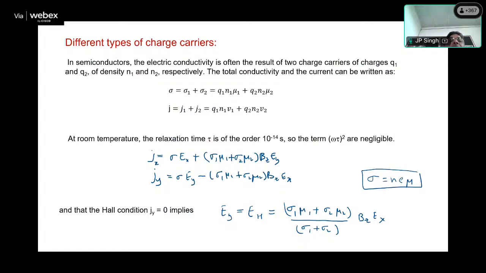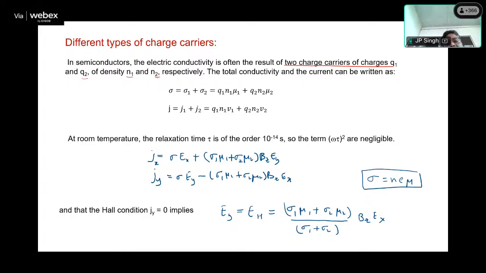Now till now we have discussed only one type of charge carrier. In semiconductors, generally we have two types of charge carriers. Suppose I have one charge carrier, electron q1 of density n1, and hole q2 of density n2.